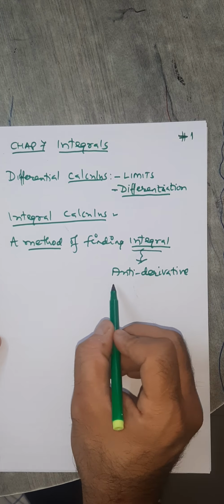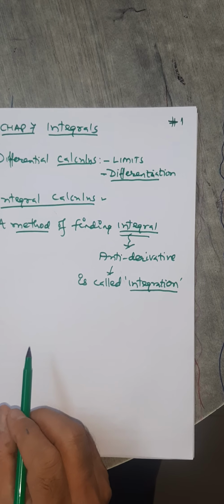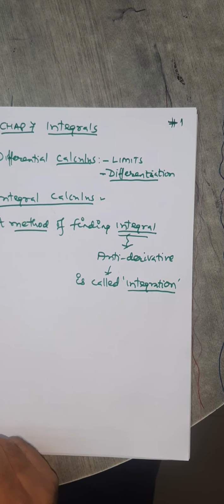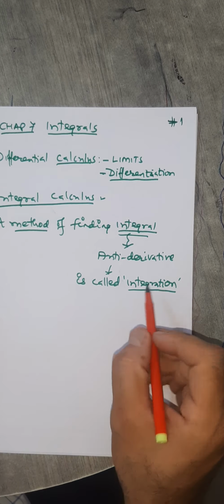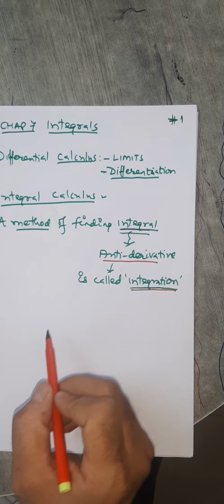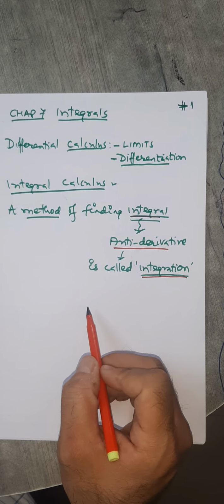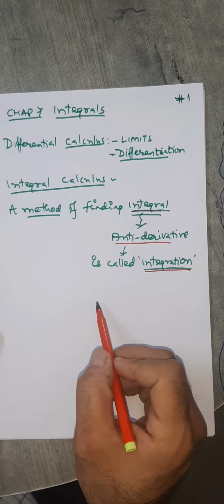So basically integration is a procedure to get the antiderivative of a function. Integration is a procedure of getting antiderivative, or it is also called the integral of a function. So it's a procedure. Okay, now what do we understand by this?